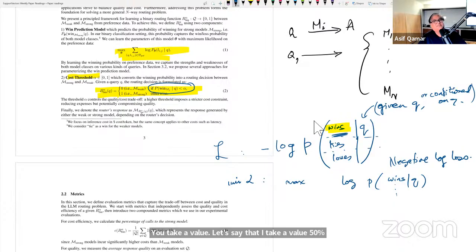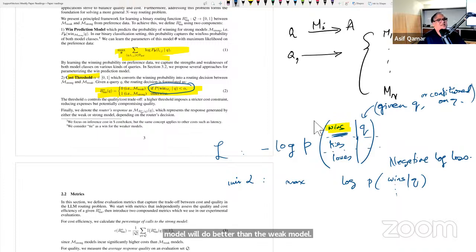There's only 50% chance that the strong model will do better. Why not route the traffic to the weaker model? Or even more extreme. Let's say that alpha is 0.1, right? Or 0.01, 1%. If alpha is 1%, the probability that the strong model will do better than the weak model is just 1%.